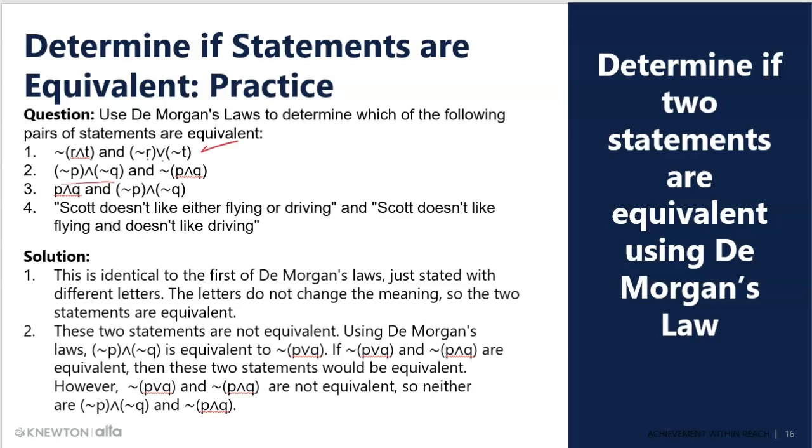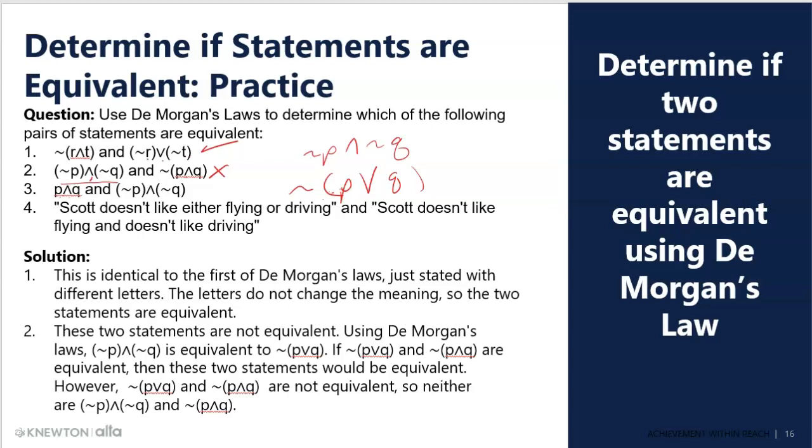So what if I start with this? Not P and not Q. And I want to put that negation outside. I have to write the opposite. So I had not P, so I write that as a P. I had not Q. And then flip the sign. It should be this. Not P. Oh, so you see, it didn't flip the sign. So that's not a negation.